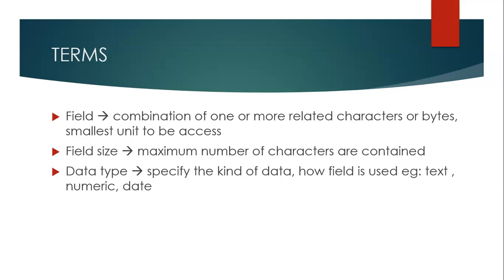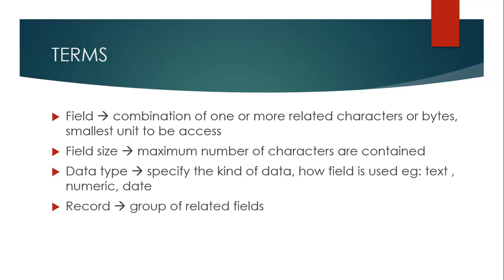And for the data type, each field can be determined as to which data type it should be. For example, if the field is for a date, we will specify the data type as date. Let's say for age, age can be a numeric data type.